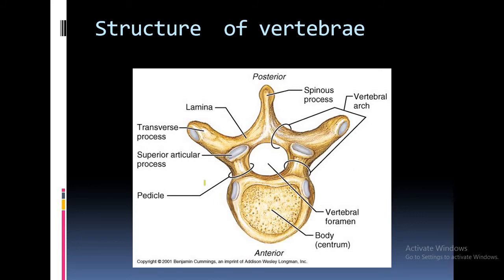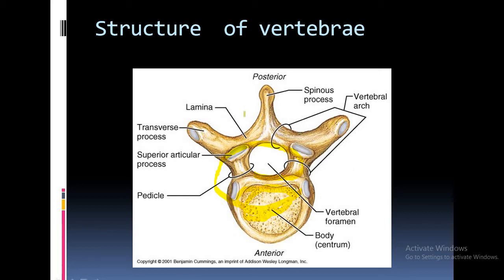This is the structure of a vertebra. Each vertebra is somewhat a ring-like structure. You can observe this ring-like structure, and its lower part is known as the body or centrum, and the opposite ends of the centrum are flat.